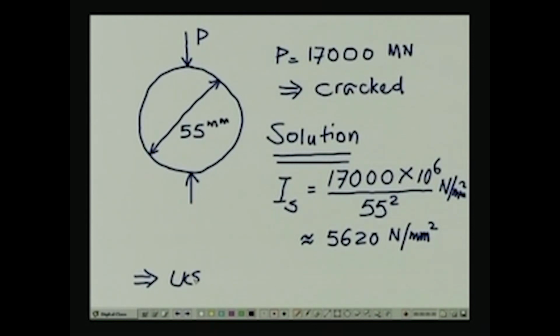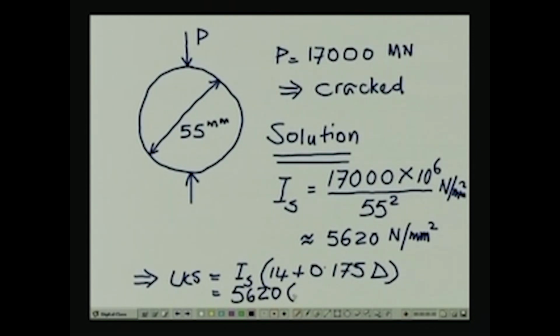Actually, UCS is going to be equal to I subscript s, and this expression was again given in the previous day's lesson, multiplied by 14 plus 0.175 times the diameter of the specimen, and that in turn is going to be equal to 5620 multiplied by 14 plus 0.175 times 55.